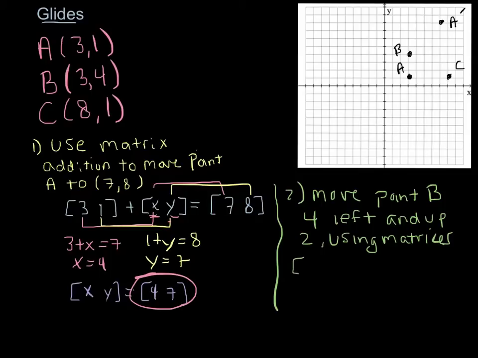Well, our point B is 3, 4, and if I want to move it left 4 and up 2, that just means I'm going to add the matrix -4 for 4 left and +2 for up 2, and it'll produce the image of point B, which would be 3 plus -4 is -1, and 4 plus 2 is 6.